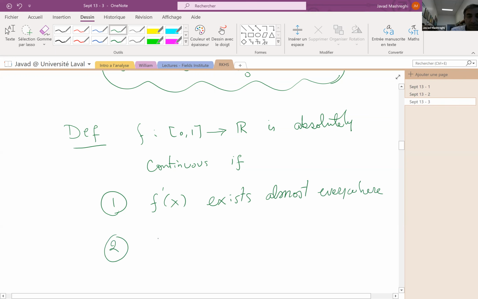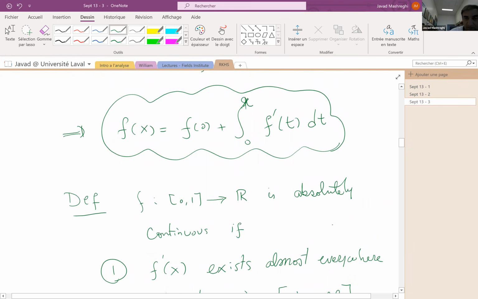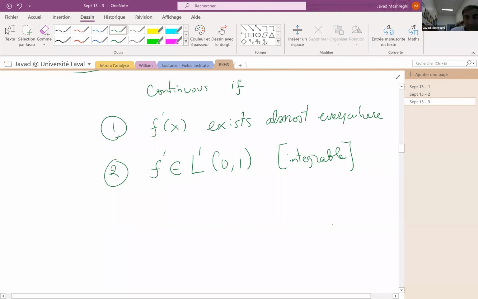Two, f prime is in L1 of [0, 1]. L1 is the same as saying integrable. And third, the representation, which is in the rectangle here: f of x is equal to f of 0 plus the integral of f prime.